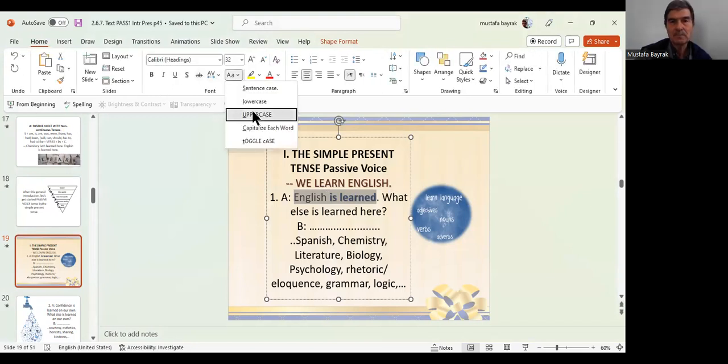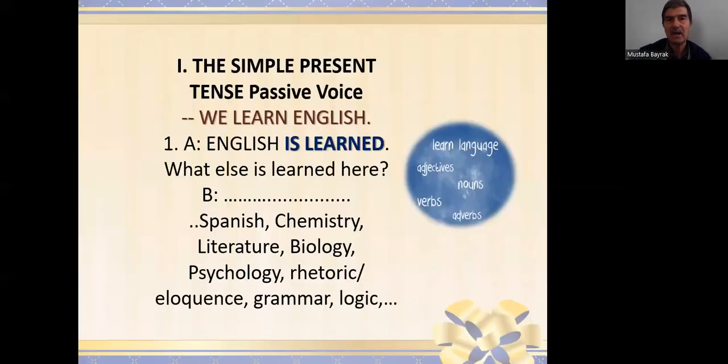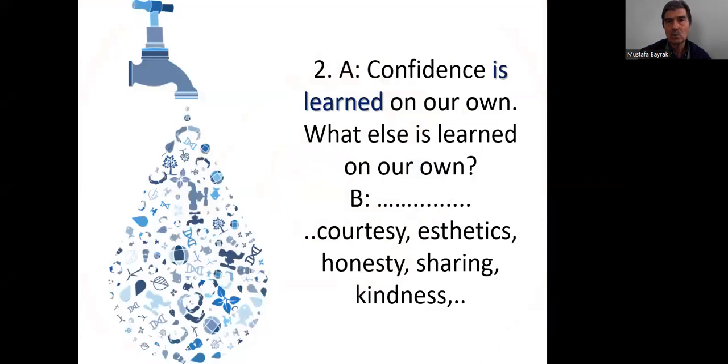Okay. Yes. This is the passive form of this active sentence. Dialogue 2. Now, I think we are familiar with the passive voice sentences. Confidence is the subject, for example. Confidence, yes.